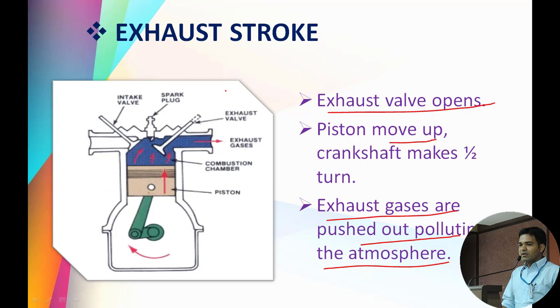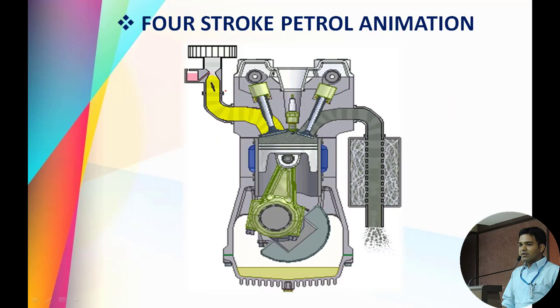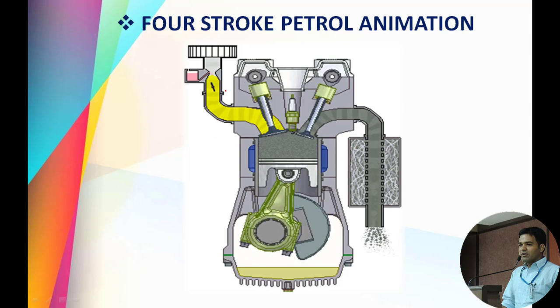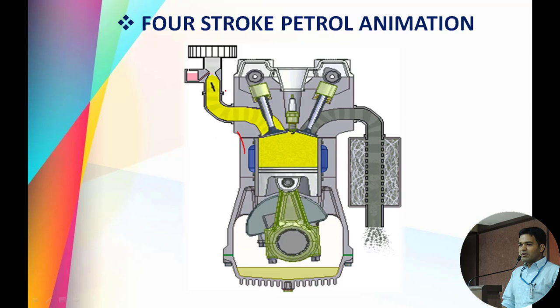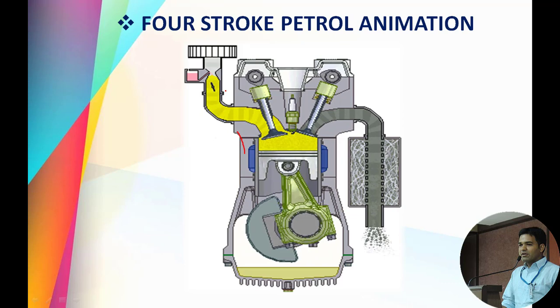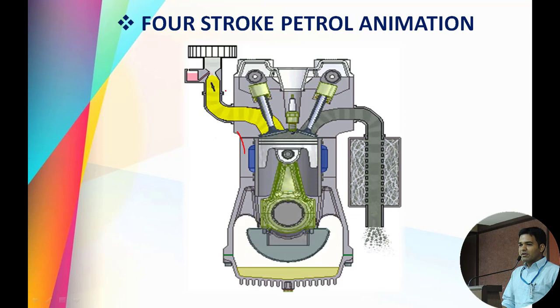Simultaneously our crankshaft completes 2 whole revolutions in the crankcase. You can observe the whole power generation cycle, that means all 4 processes, in this animated picture: suction, compression, power and exhaust.